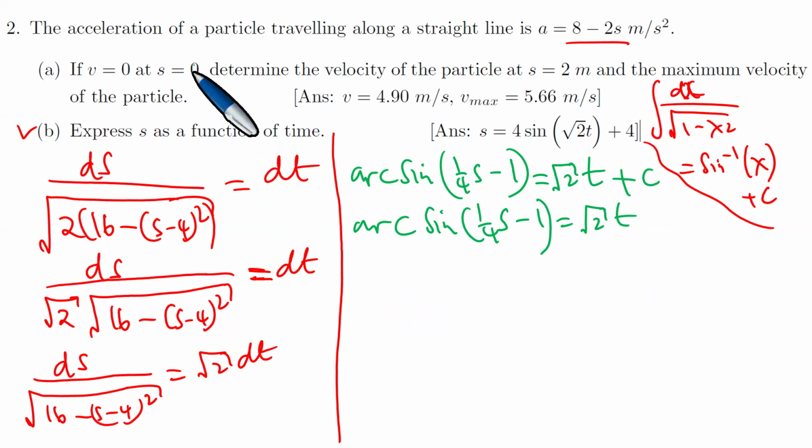Okay, so in mathematics, if ever you have arcsine x equals something y, what is this? Arcsine x equals y, which means that x is sine y. So now, if arcsine equals this, then the sine can go to the other side like this.